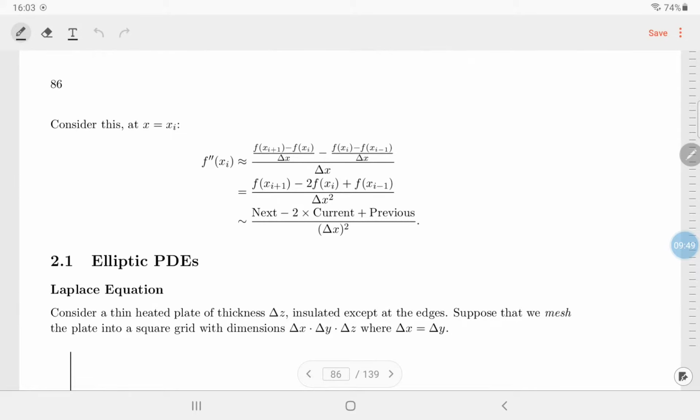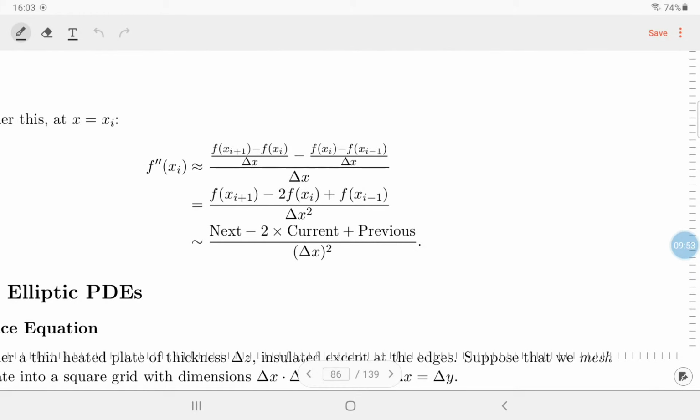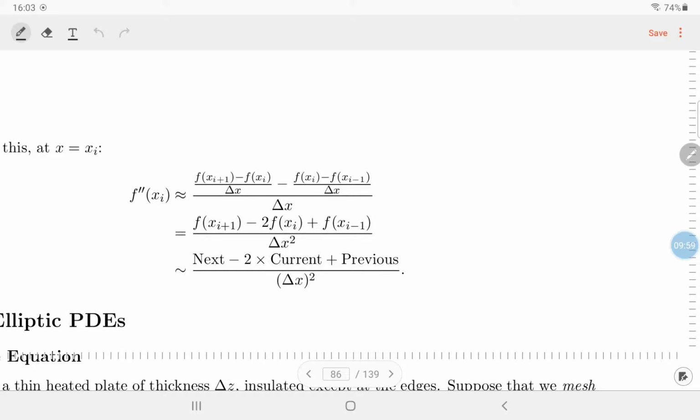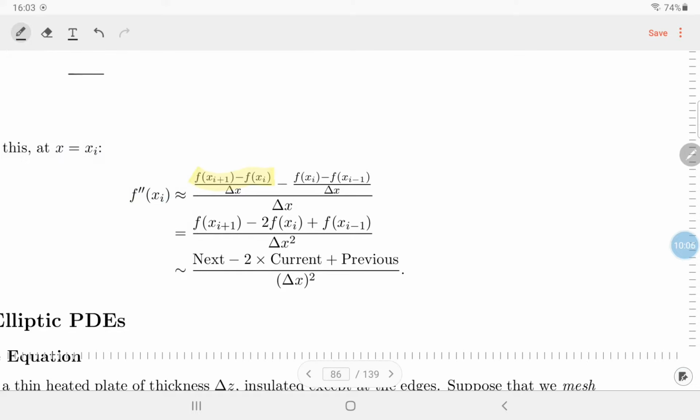So what are we going to get? If we do the two formulas, you end up with this. Now where does this one come from? Well, we'll do that up here. The first one is fine. What about the other one? So we're looking at the derivative at xi minus delta x, and that is equal to the derivative at the previous point, which we call f of xi minus 1.